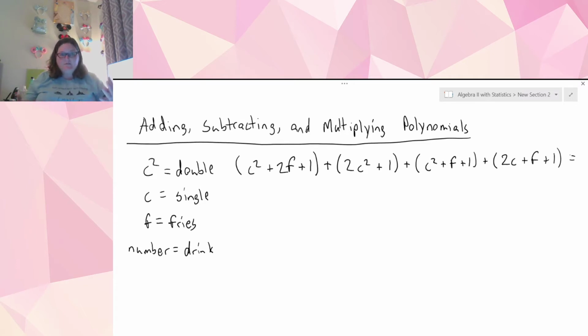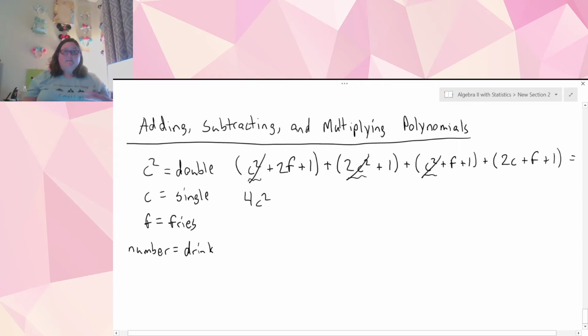That requires the most stuff. So I look for all of my C squared, or C to the second powers, because that is what the double represents. So I have 1 plus 2 is 3, plus 1 more is 4. So I have 4 double cheeseburgers. I'm going to cross those off my list because I combined all those.